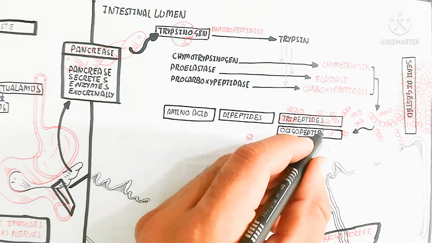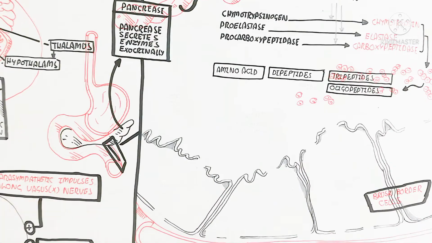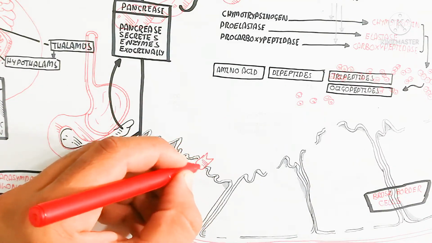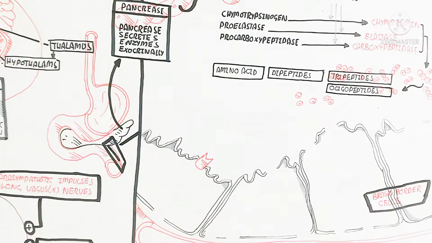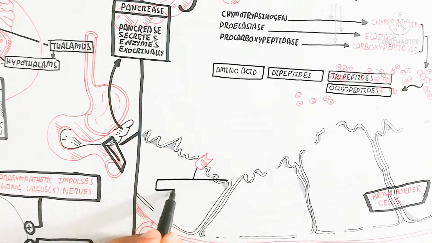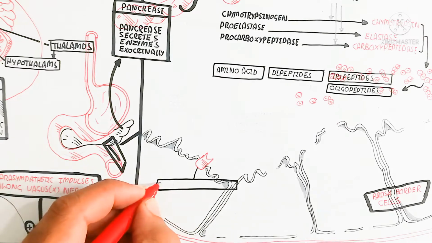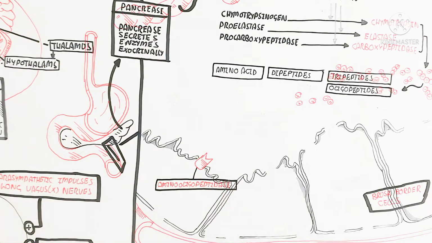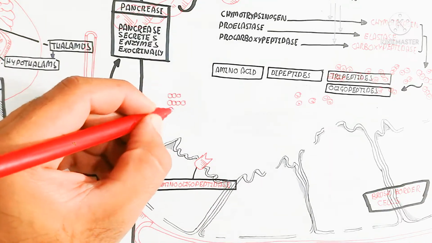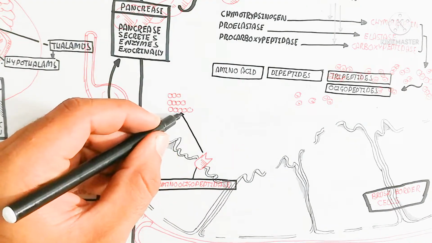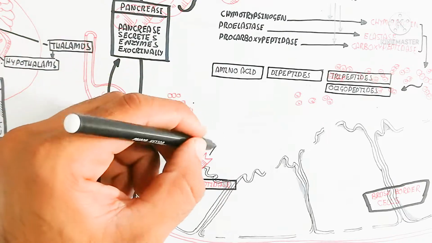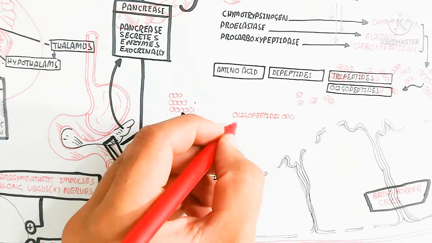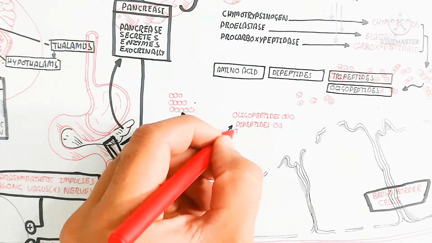So these dipeptides, tripeptides and oligopeptides will be further digested through aminooligopeptidase, tripeptidase and dipeptidase, all of which are enzymes present in the plasma membrane of the enterocyte, and these will digest further. For example, oligopeptides are digested by aminooligopeptidases to convert them into dipeptides, amino acids and tripeptides.